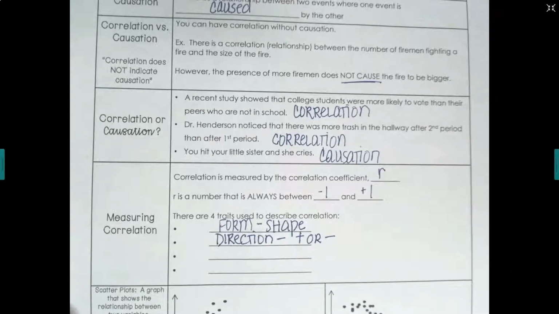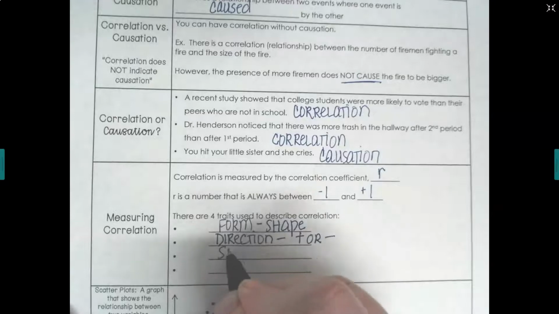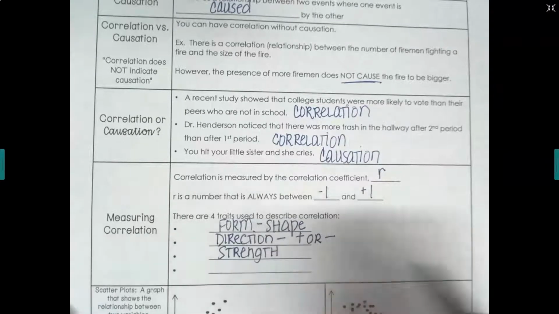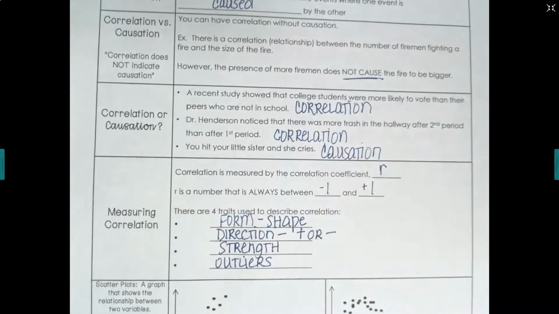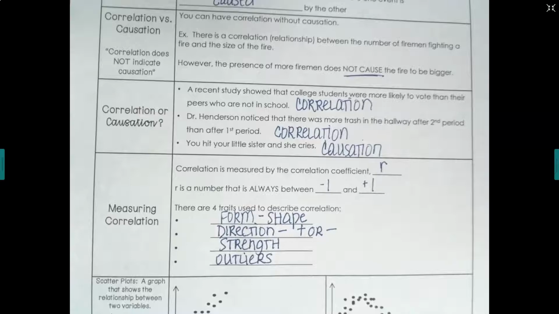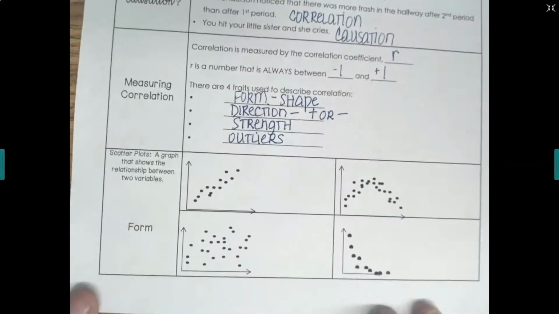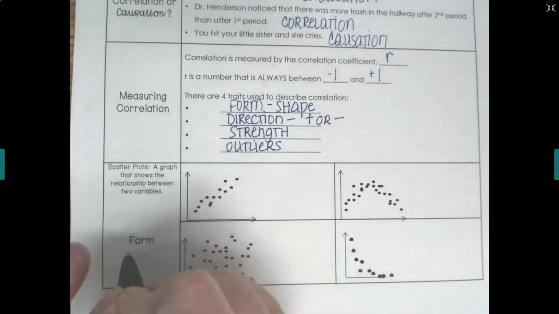We'll talk more about that in a minute. How strong is it, once you have the number, or you can tell by looking at the graphs that they're stronger, they're scatter plots. And then you would make note if there were any outliers, because outliers can greatly affect your correlation coefficient.